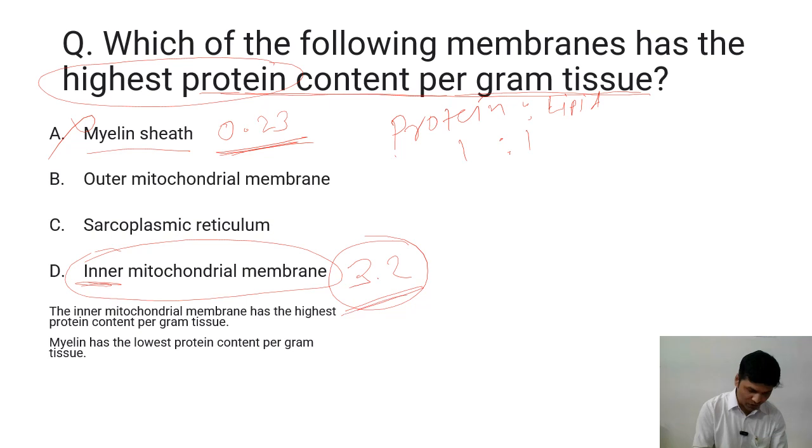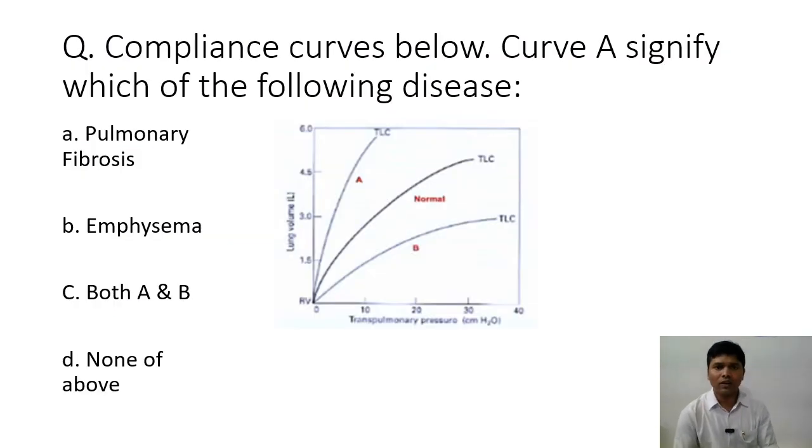This is the highest protein per gram of tissue, so the answer is the inner mitochondrial membrane. So next question here, compliance curve.